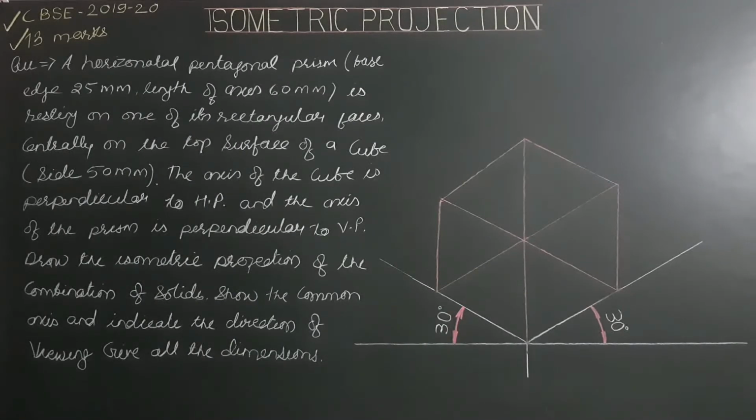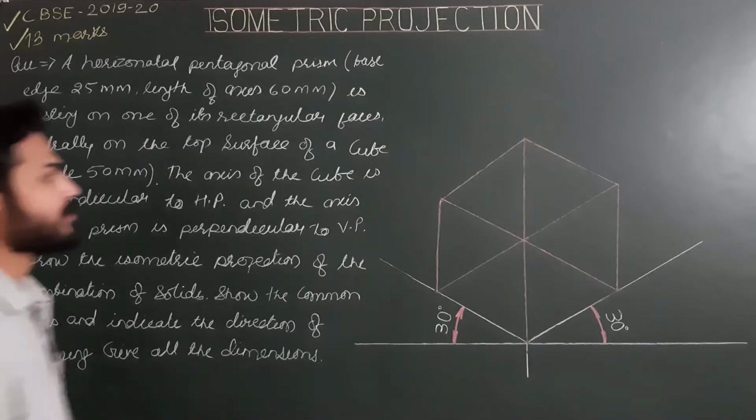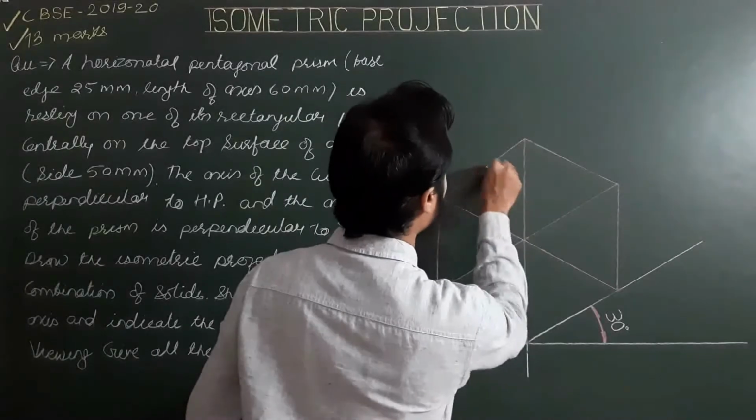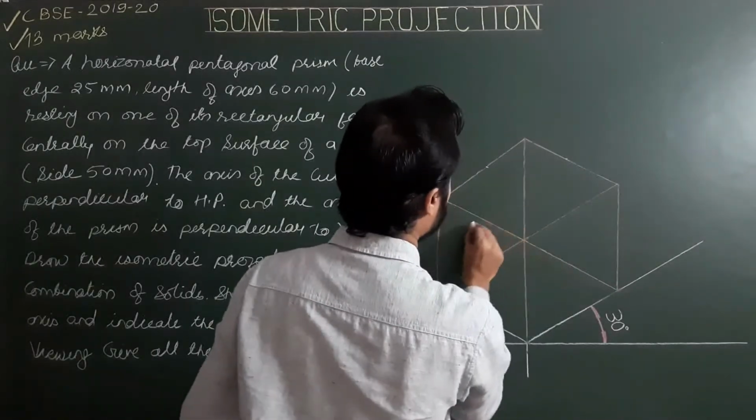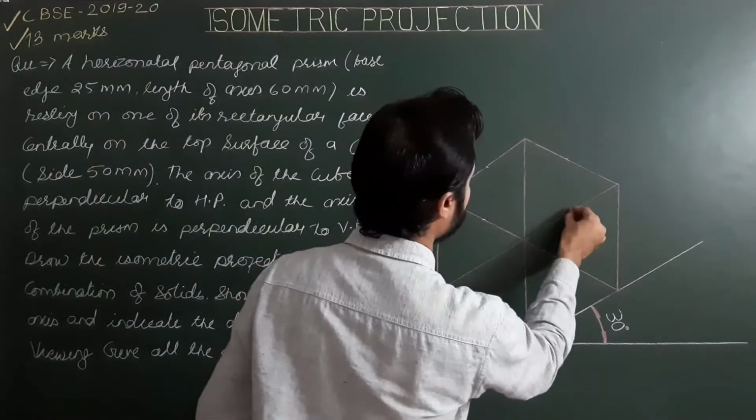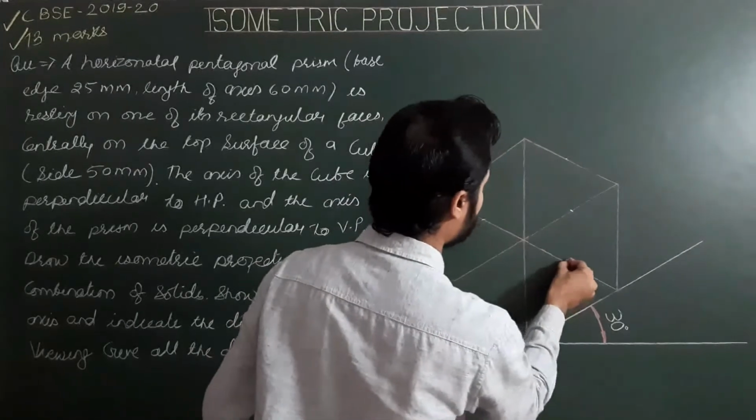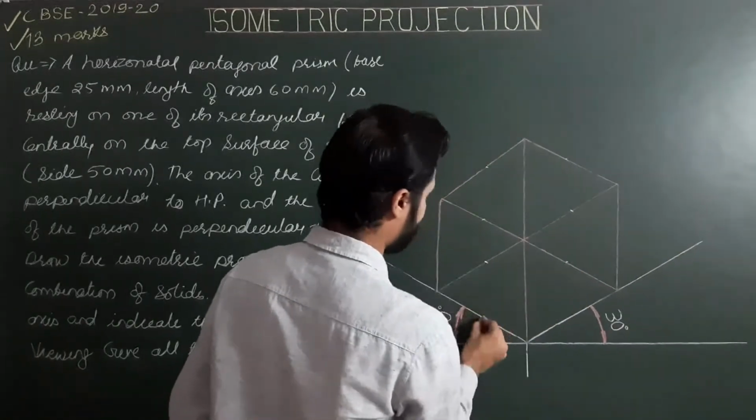Now drawing all center lines for the cube, passing through all 4 midpoints of the upper base and lower base.